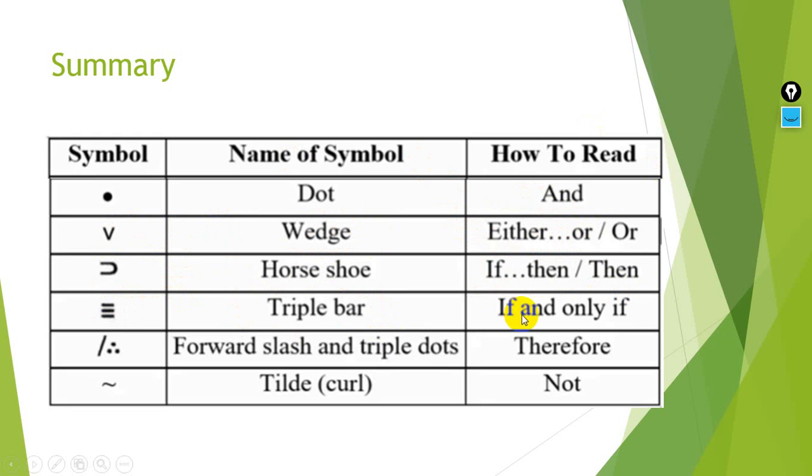The triple bar is used for 'if and only if', the biconditional. The forward slash with triple dot is used for 'therefore', which represents the conclusion. And the tilde is used for negation: not, no, none. So now you should keep these symbols in mind.